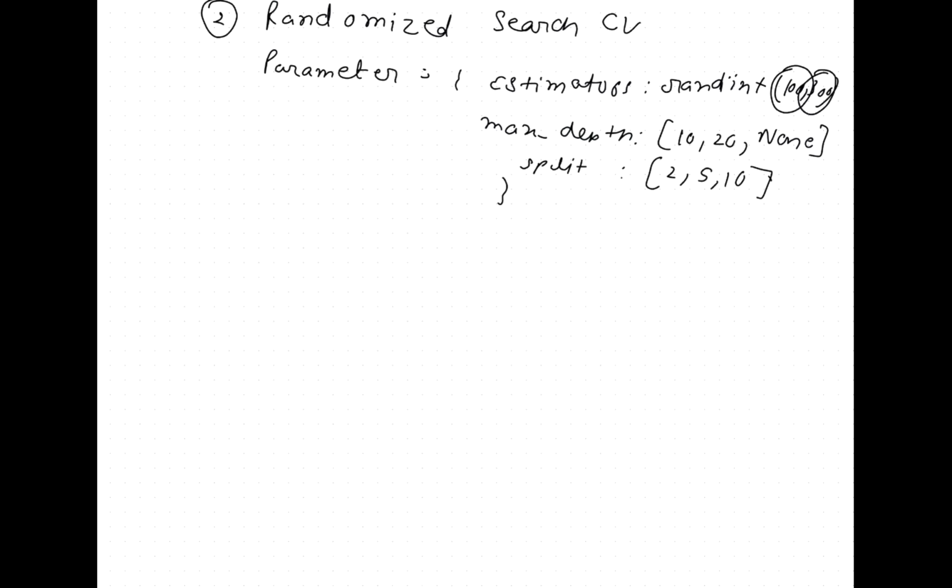It might take 1 hour, 2 hours, 3, 4, 5 hours, it depends, and it will eat more of your computational power. Then you can go with randomized search CV. If you want speed, definitely go with randomized. And if you want the exact best parameters, then you have to keep patience and go with grid search CV.